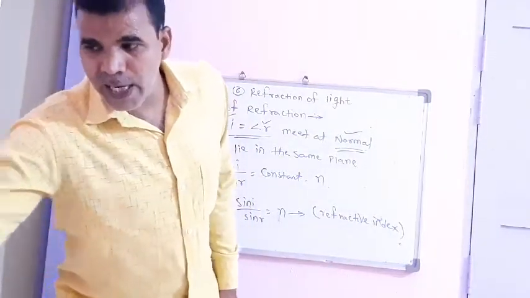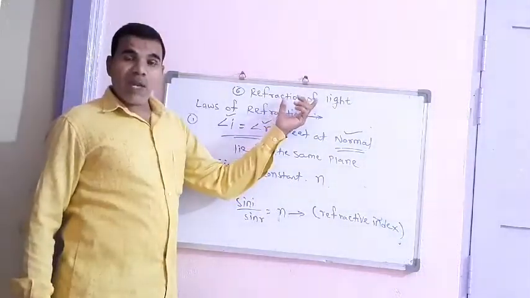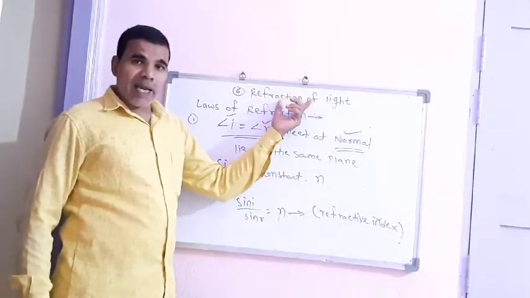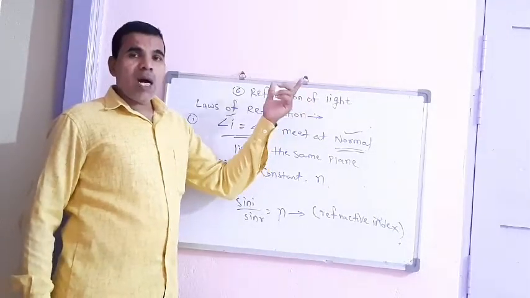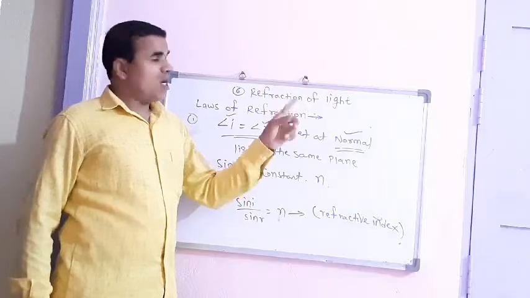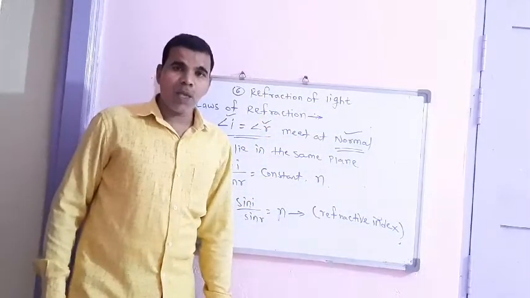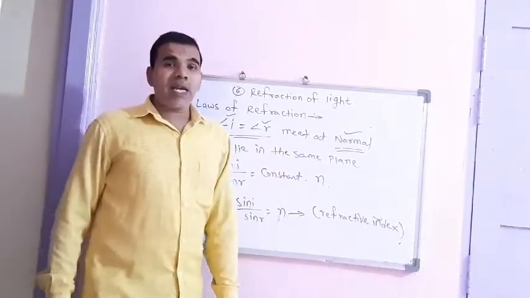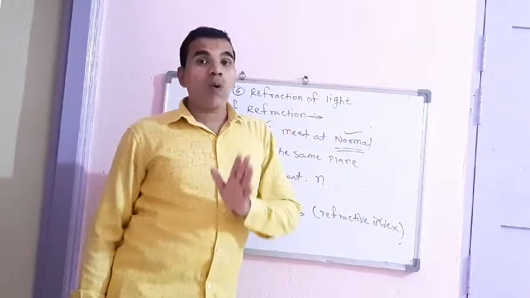First, we have to know the definition of refraction of light. Refraction of light means the light changes its direction from one transparent medium to another transparent medium. Light travels in a straight line. We know that the sun is the unending source of light.